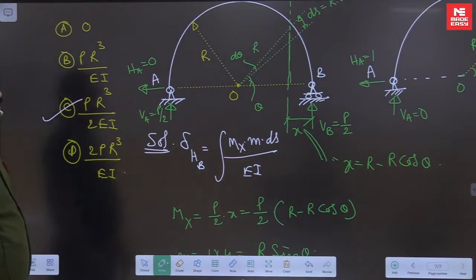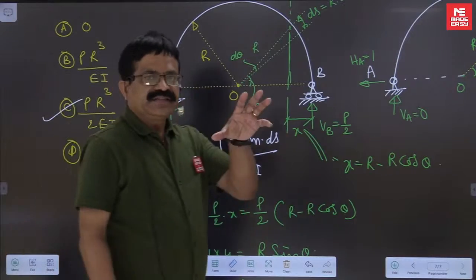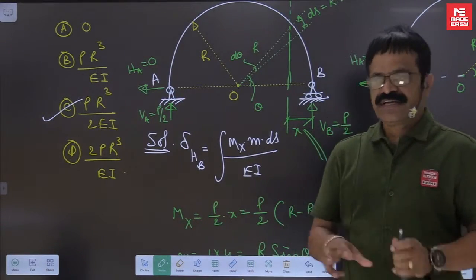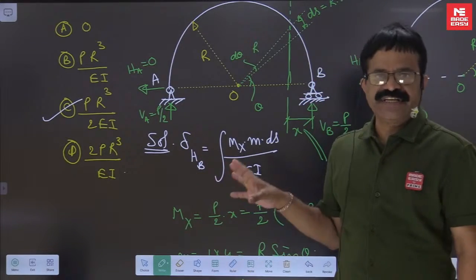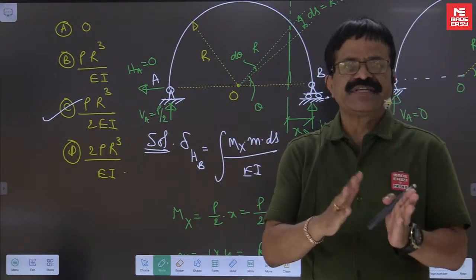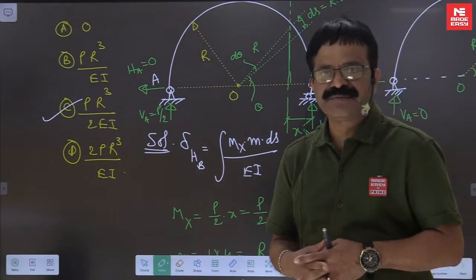Okay, like that. So in frames or trusses, if they ask you deflections, they have to be statically determinate structures only. And for determinate structures, beams or frames, we can use Castigliano's theorem too.